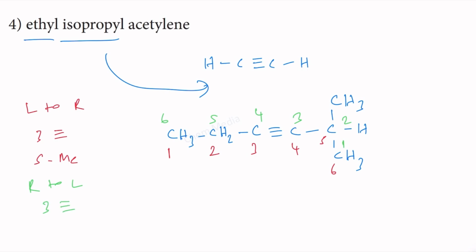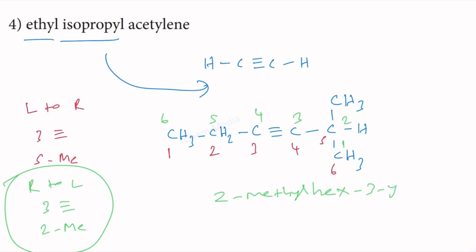Once again the triple bond is at 3 position. However, the methyl group comes at 2 position, and therefore this is correct now. Therefore, the IUPAC name is 2-methyl. We have 6 carbon atoms in the parent chain, hex-3-yne. That is the correct IUPAC name for this molecule.